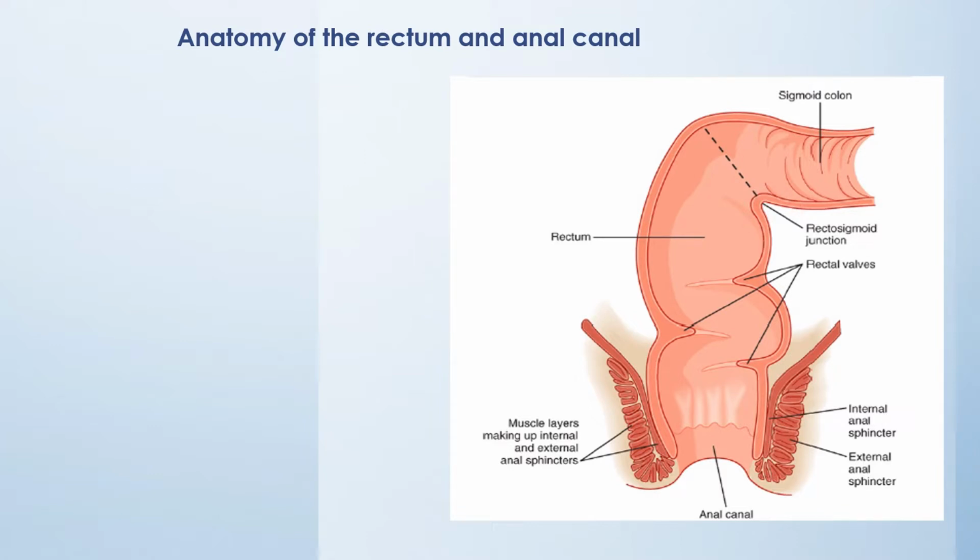The rectum lacks circular muscles and is surrounded only by longitudinal muscles. With these, the muscular contraction can also form what we call the rectal valves.